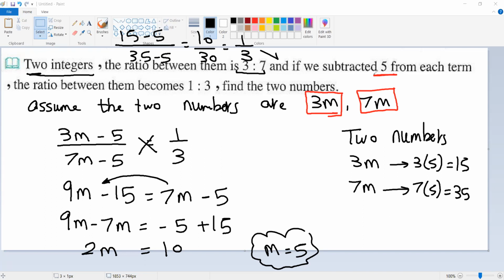And if we subtract 5 from each number, so 3m minus 5 and 7m minus 5, the ratio becomes 1 to 3. Do cross multiplying, and after doing that you will get the value of m. So m is 5. If m is 5, the two numbers are 3m, so 3 times 5, 15, and 7m, 7 times 5, 35.